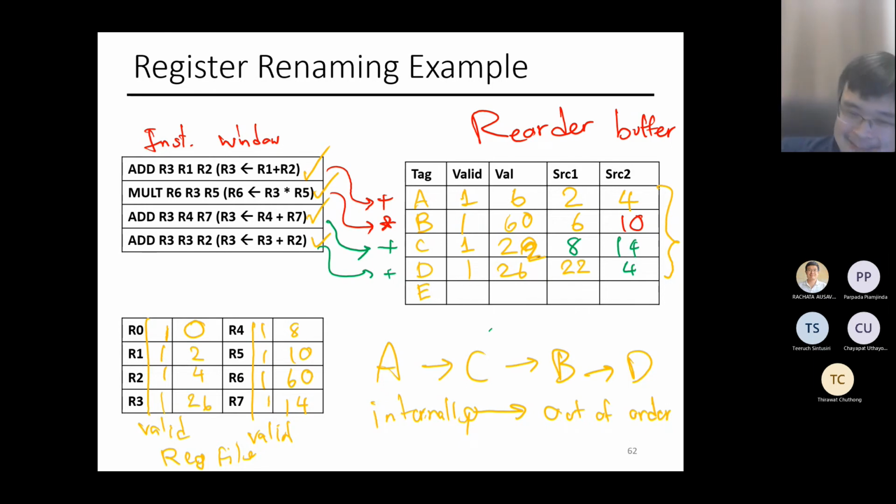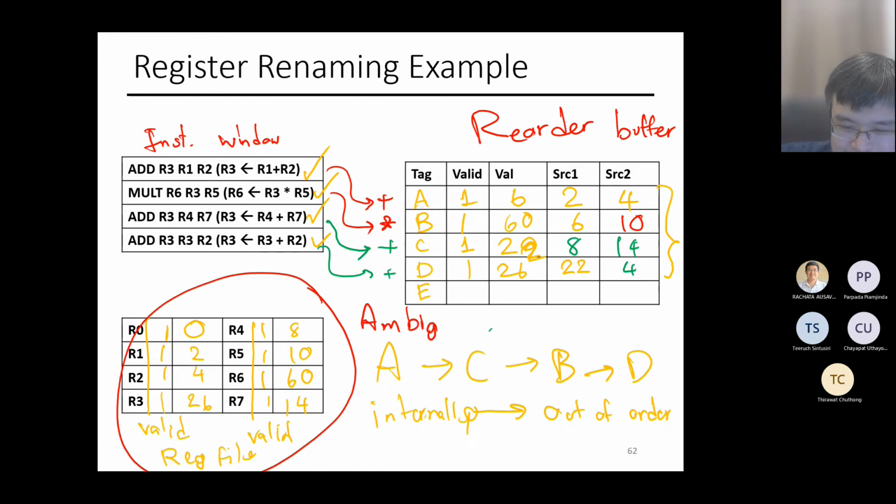My question, that I'm going to leave you with right now, is this. Reorder buffer and register renaming seem to work perfectly, except this part becomes ambiguous, because it has two things. It has the future version, but then it also has to maintain the old version.